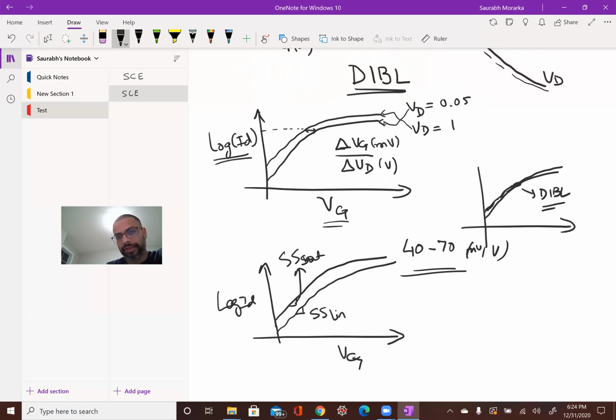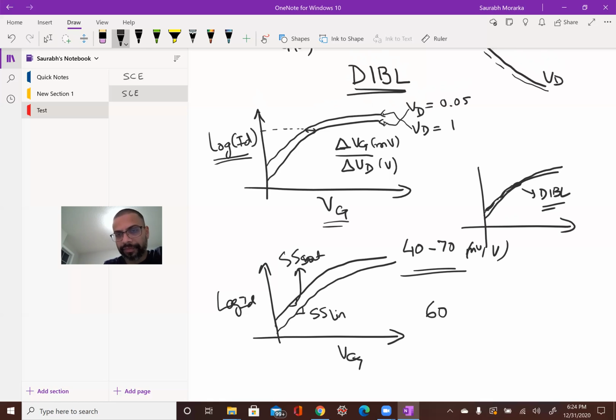And subthreshold slope and DIBL tend to go together for most of the cases, which means that if the short channel effects are bad, DIBL goes high and subthreshold slope goes high. So for subthreshold slope, for a silicon device at room temperature, the minimum value the subthreshold slope can go to is 60.